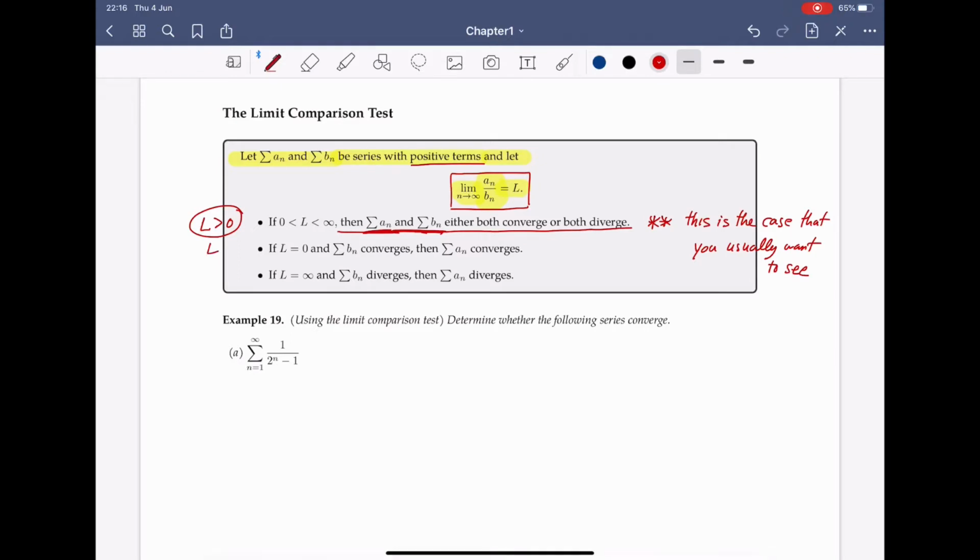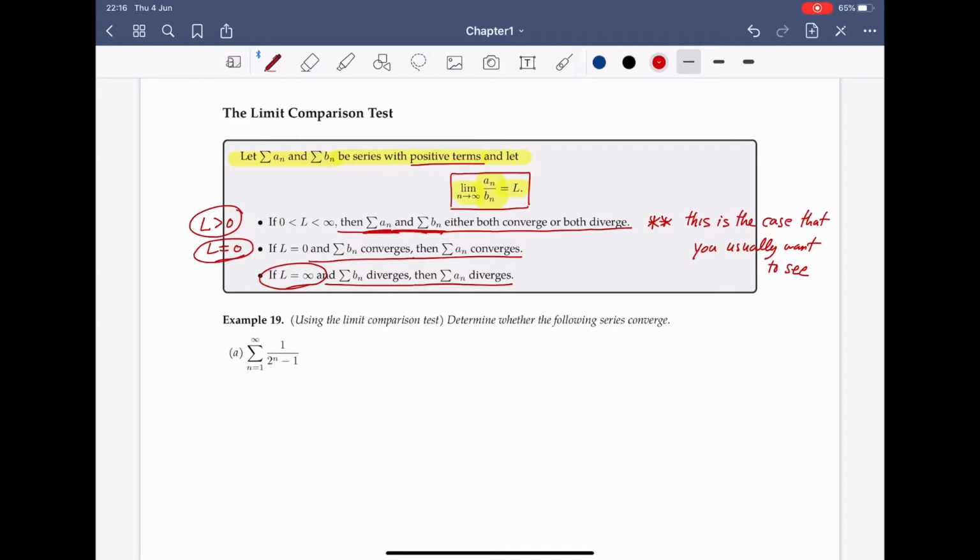If L is equal to 0, this is a bit harder because you need more conditions: your summation of b_n is convergent, and then you can conclude that summation of a_n is convergent. And the last one, if L is equal to infinity and you know that summation b_n is divergent, then summation a_n is divergent as well.